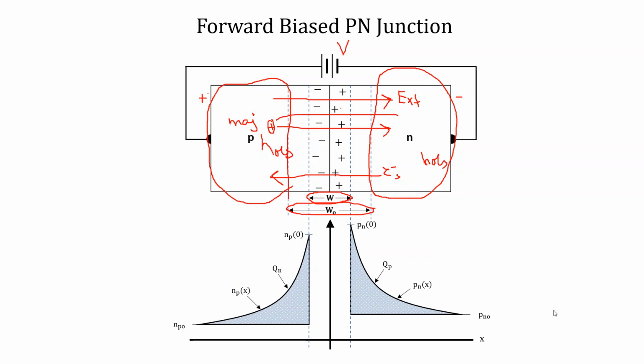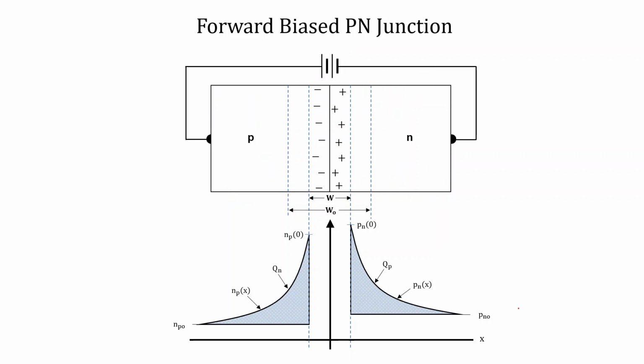If you have any doubt, you can write in the comment section and I will try to address it. Now this is the density of minority charge carriers after the voltage V is applied. So holes move from P to N. Here holes are in minority, but now they have increased.